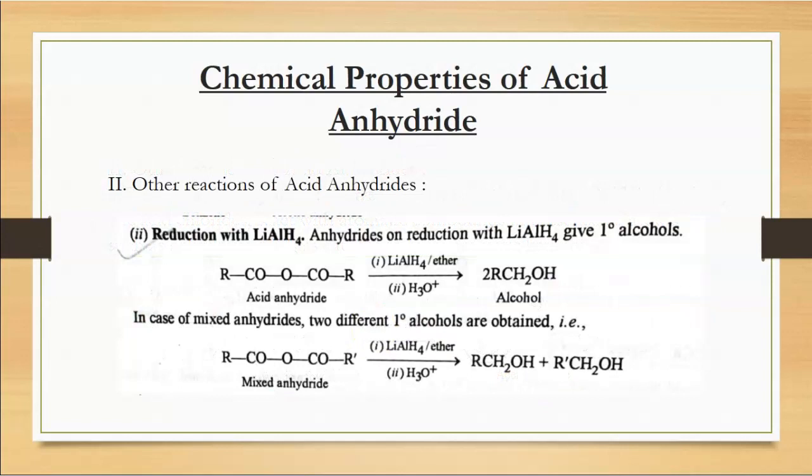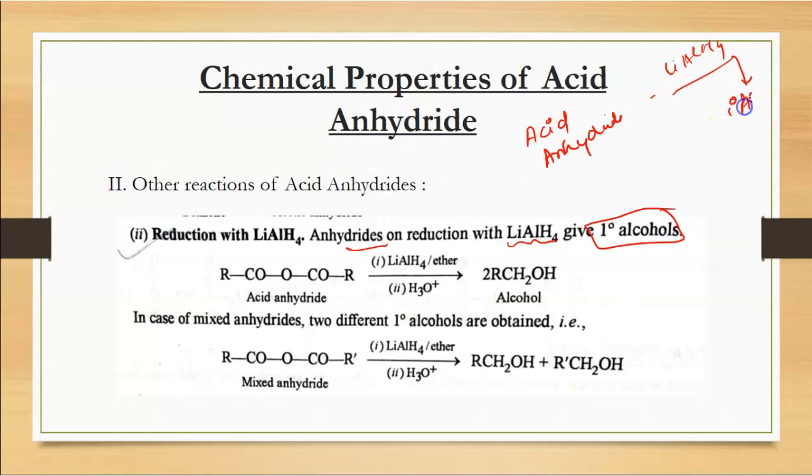Proceeding further to the other reaction of acid anhydride. See what is happening over here: your anhydride on reduction with lithium aluminum hydride will be giving you primary alcohol. So you should always remember this thing, that your acid anhydride on reaction with LiAlH4 is going to give you primary alcohols. Okay, that is one thing to remember.